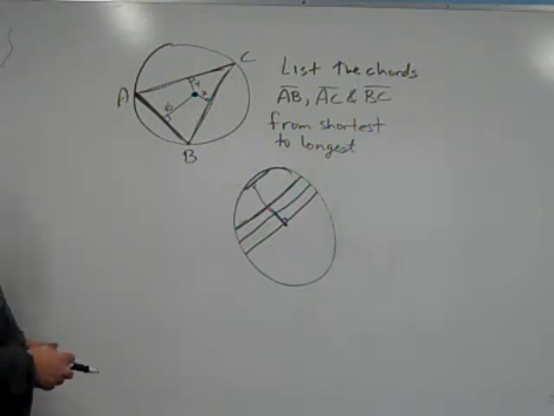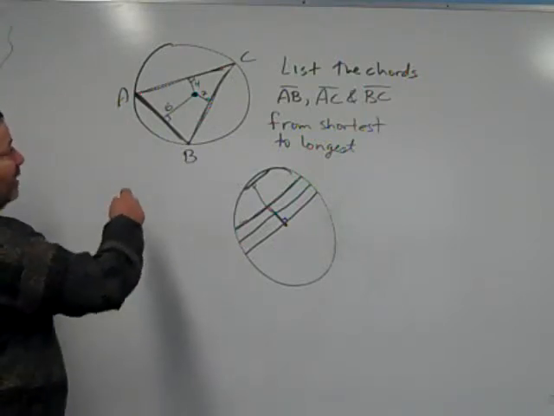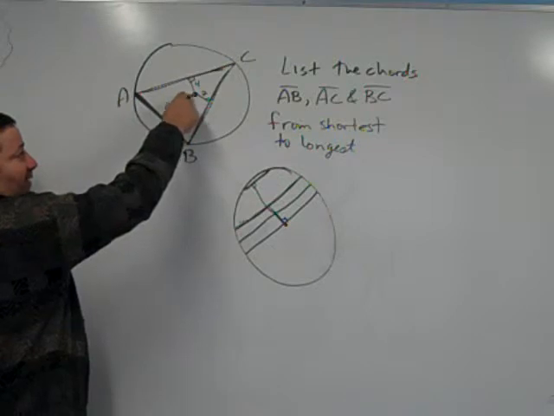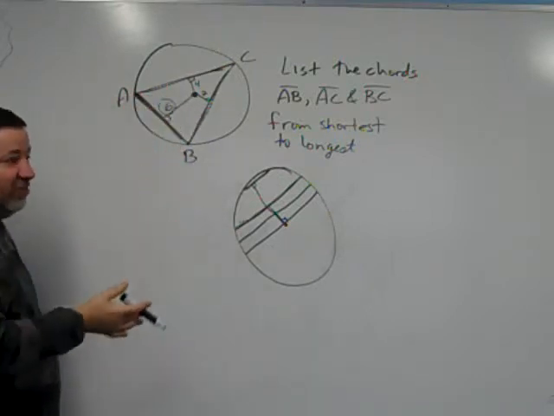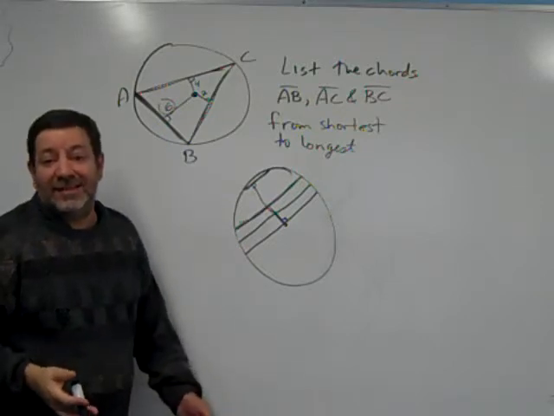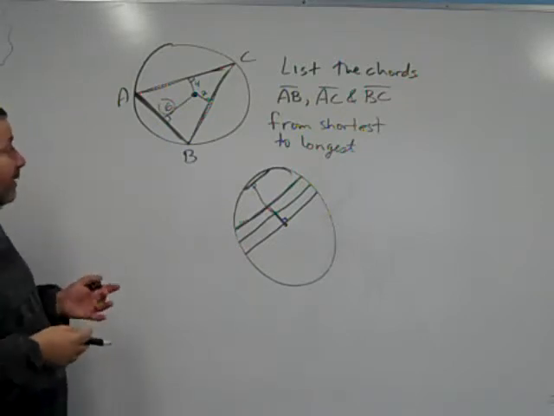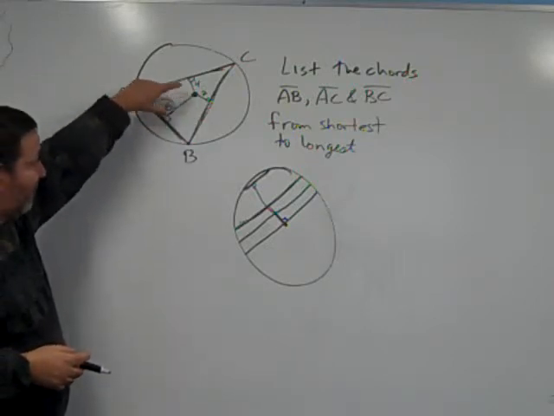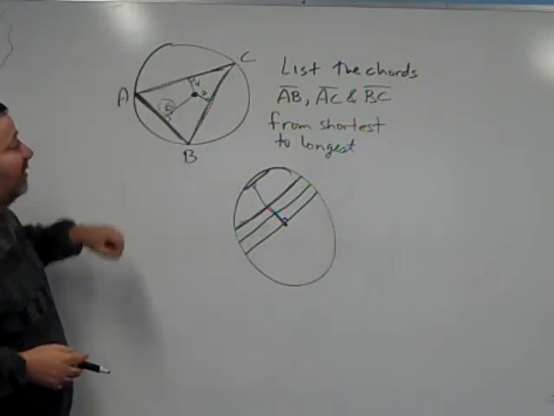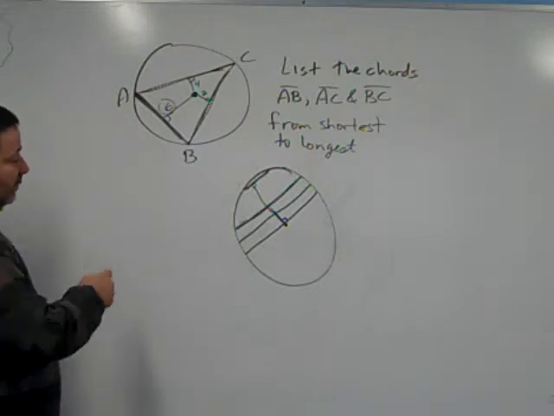Okay? Now here's the center. AB is 6 units, inches, feet, centimeters, doesn't matter, as long as they're all the same units. AB is the furthest away from the center.